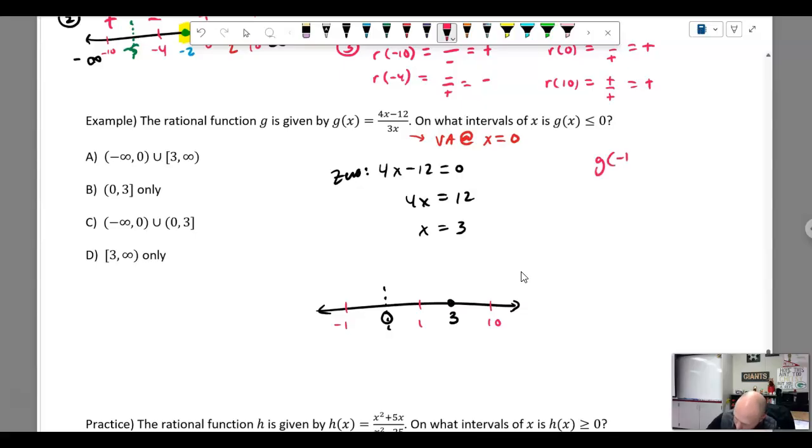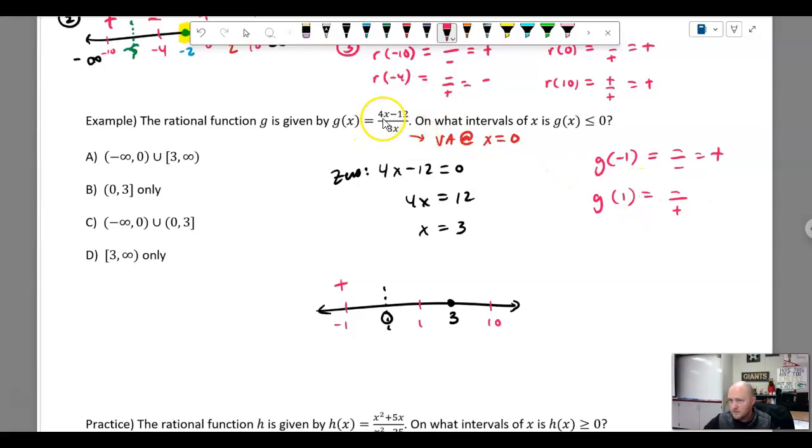So g of -1 is going to give me a negative divided by a negative, which is positive. Right? -1 plugged in, -4 minus 12, -3. And then 1 is likely to give me a negative number over a positive number, right?